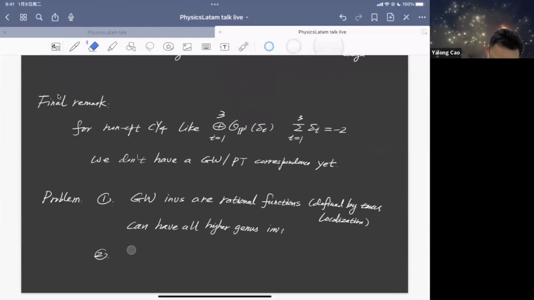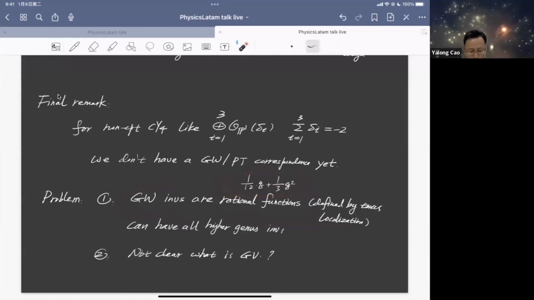Second, it is not clear what the Gopakumar-Vafa invariants are, because they will be rational functions, and maybe this is like 1/12 plus 1/3 squared. So it's difficult to cook up a machine to get something like integer coefficients from rational functions.